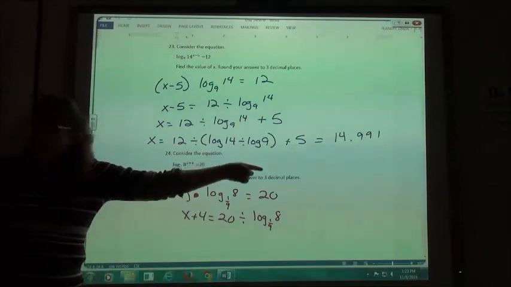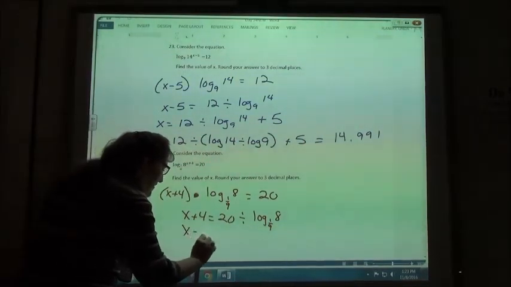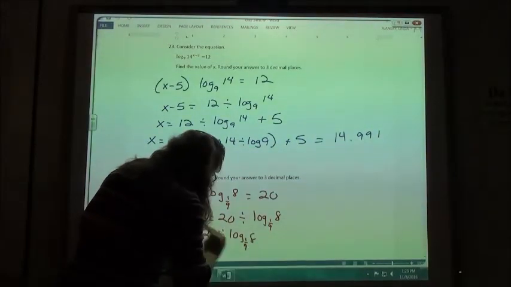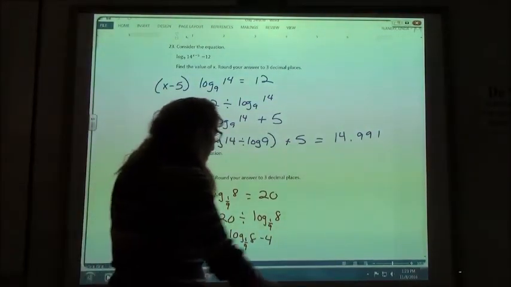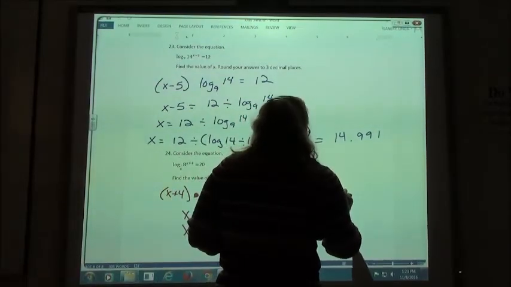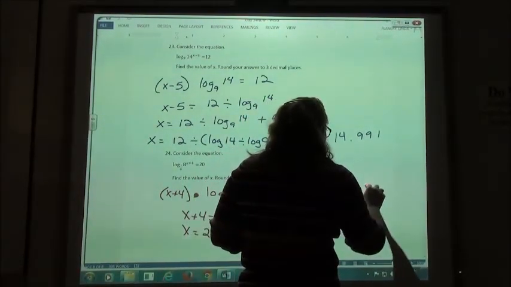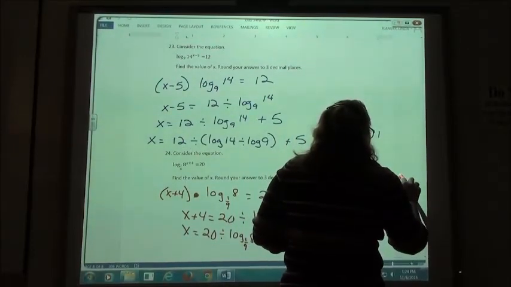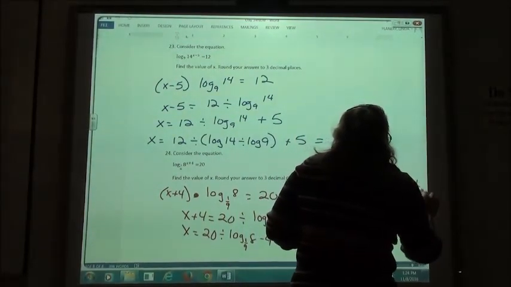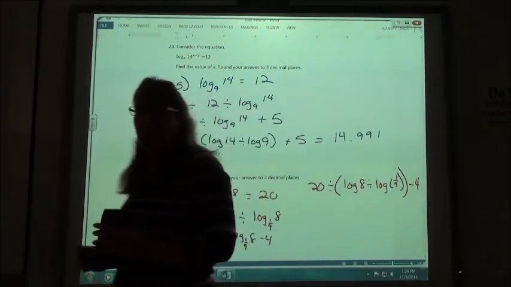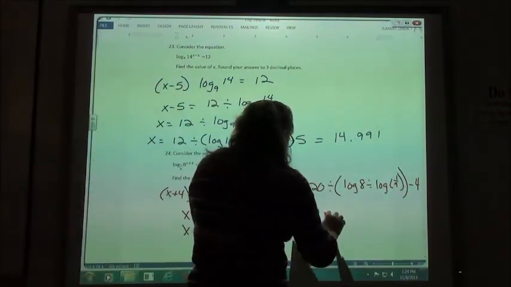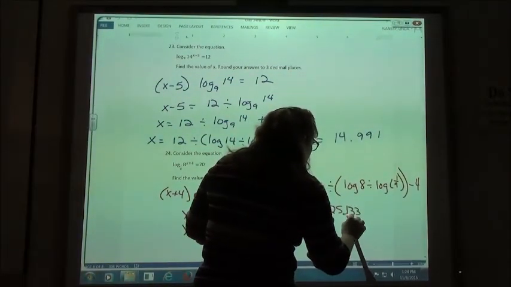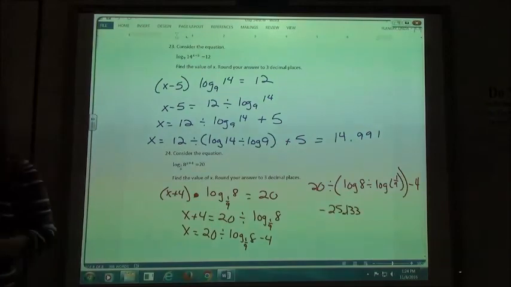Then we have minus 4 to move that over. x equals 20 divided by the log base 1/9 of 8 minus 4. So then we did 20 divided by the log of 8 divided by the log of 1/9, minus 4. And we ended up with negative 25.133.